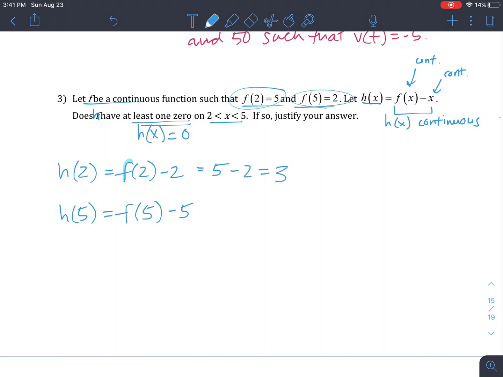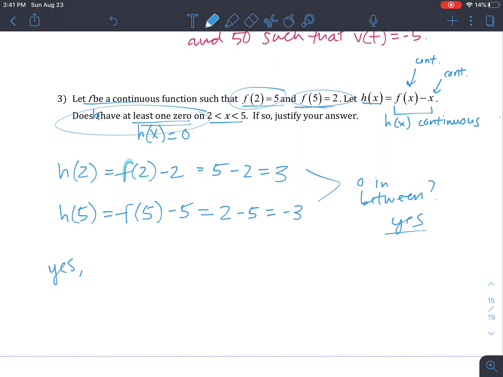F of 5 is 2 minus 5, which is -3. Okay, and I want you again to take a look. Is 0 in between? That's really what you're wondering. Yeah, it is, right? So good news here is that it's a yes. Okay, and notice it says, does it have a 0? So we should probably answer correctly here, which would be yes.